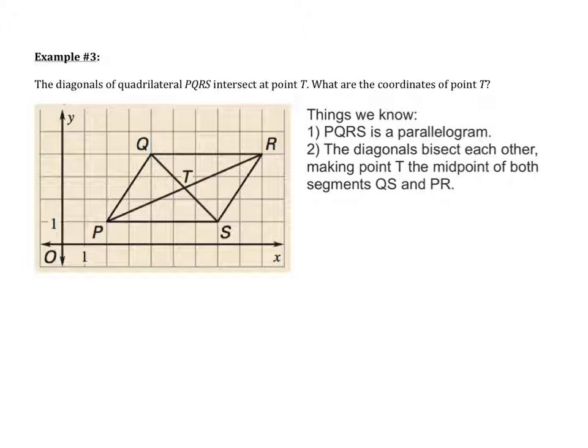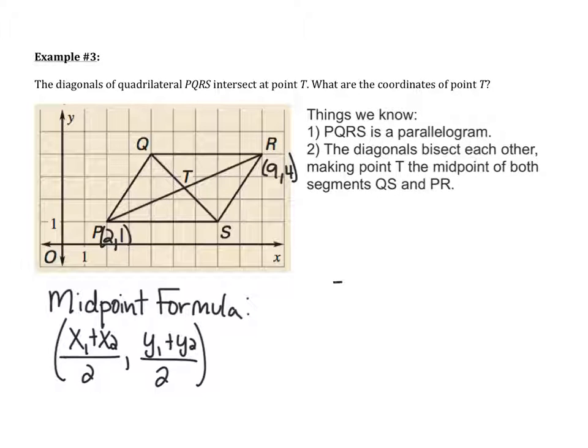So the point at P would be 2, 1. And the point at R would be 9, 4. And remember, the midpoint formula, all you're going to do is add the x's together, divide by 2, and add the y's together, divide by 2. So doing so, to find point T, we're going to add the x's together, 2 plus 9, and divide by 2.